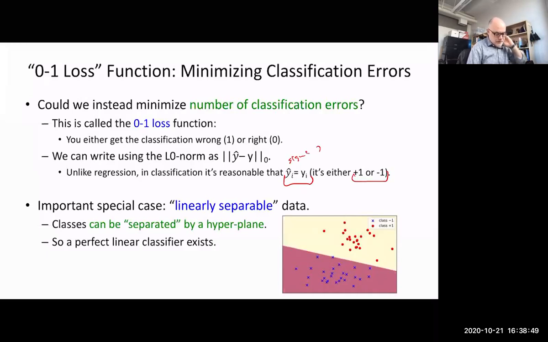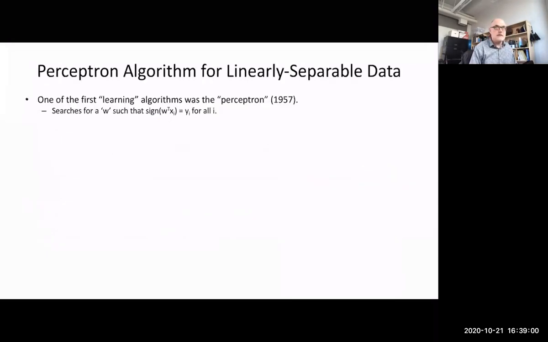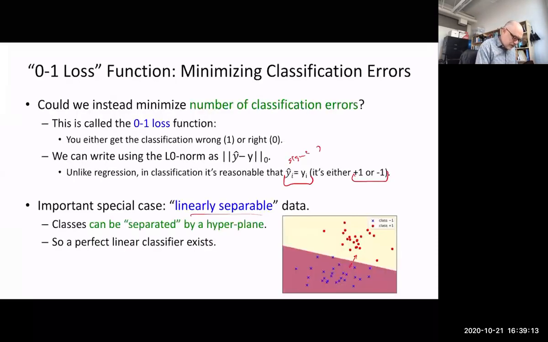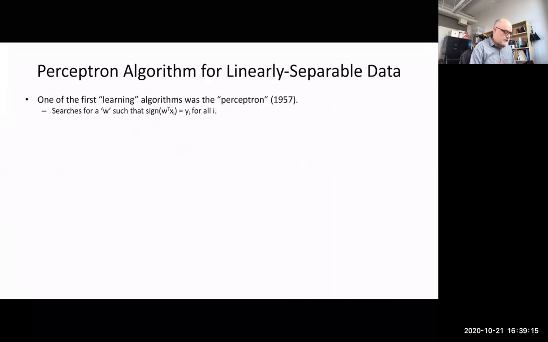Now, it's worth mentioning, just for the fun of it, that there is a special case, which is linearly separable data. So the classes can actually be separated by a hyperplane, so a perfect linear classifier exists. In this case, a very old algorithm, which we mention basically for historical purposes and don't prove at all how it works or why it works, we just hint at it a little bit, can solve these kinds of problems: the Perceptron algorithm.